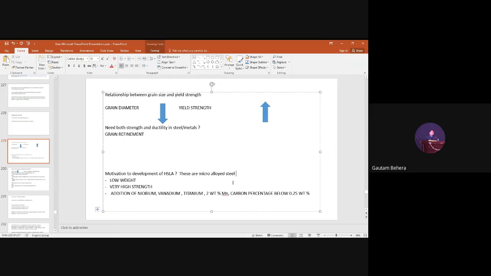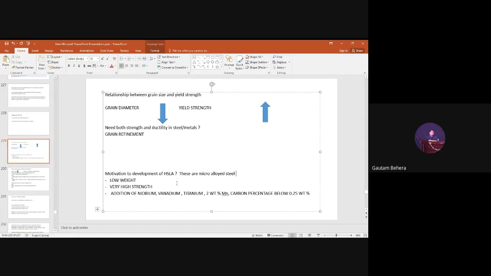So this is your assignment. Okay, I think you have understood the concept of HSLA, high strength low alloy. The motivation is that we add a very low weight percentage of alloying elements, which have a tendency to form strong carbides and nitrides, and they are very stable at high temperature, up to 1050 degrees centigrade.